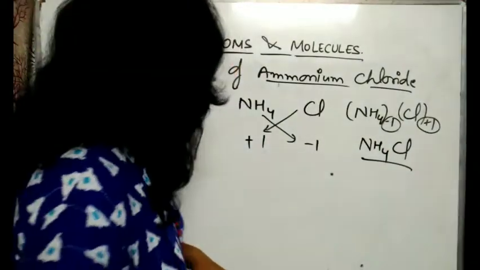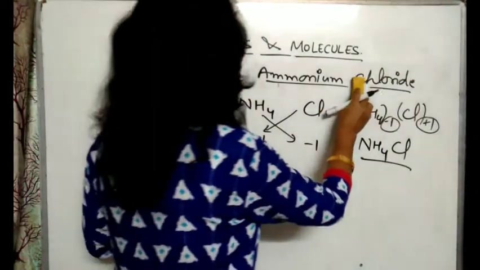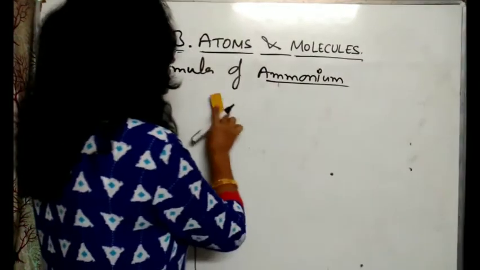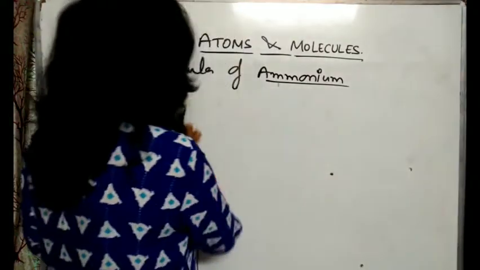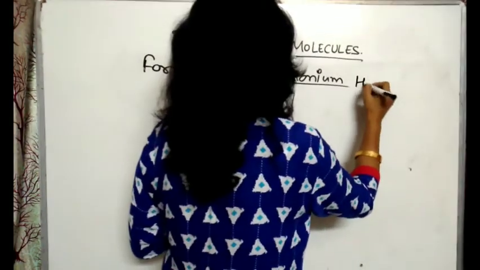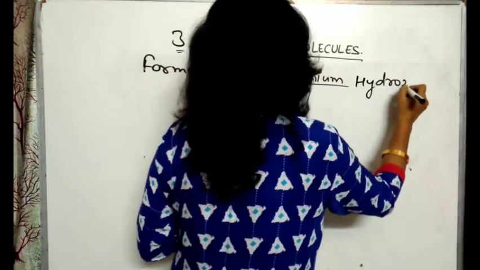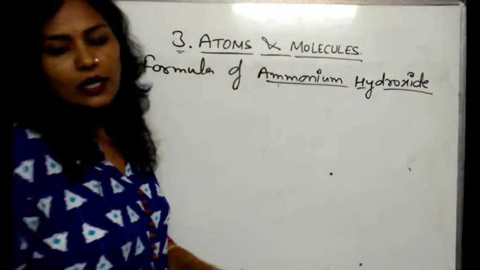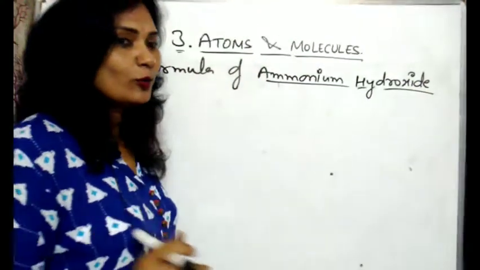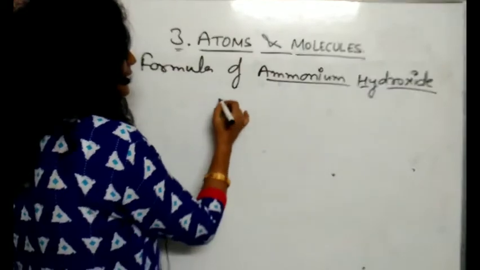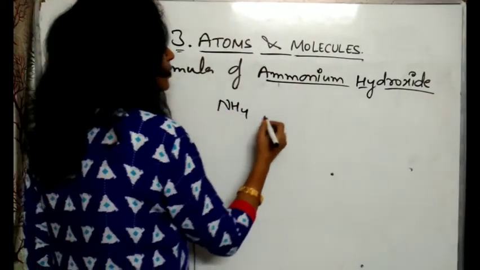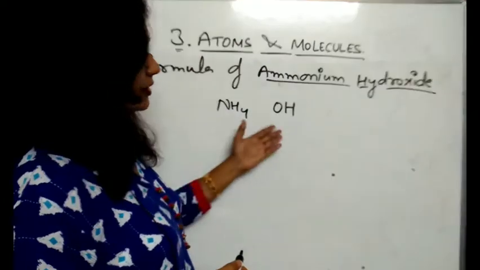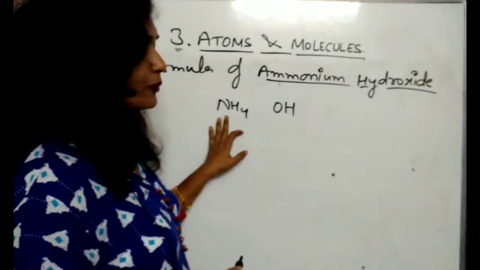Okay, so let us write another formula, ammonium hydroxide. So hydroxide, that is OH, ammonium NH4 and OH is for the hydroxide. Both are the radicals. These both are polyatomic ions.